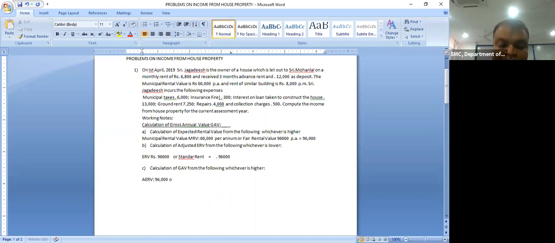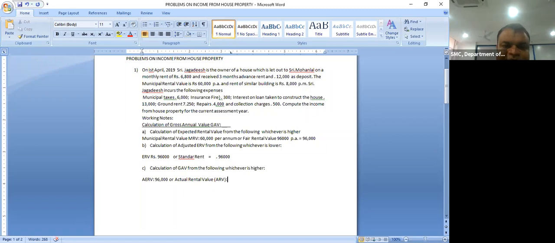And now we have actual rent value, actual rental value, which we call ARV. Actual rental value is equal to what they have given on monthly rent of 6,800. 6,800 into 12.